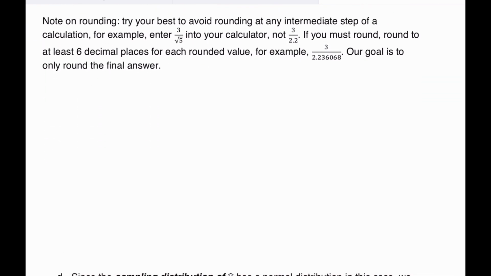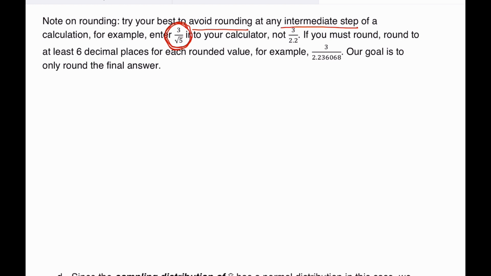Here's a little note on rounding. In the homework and on the quizzes and tests, my advice is that you really want to try to avoid rounding at any intermediate step of your calculation. For example, if there's a 3 over root 5 in your calculation, enter this into your calculator if possible.